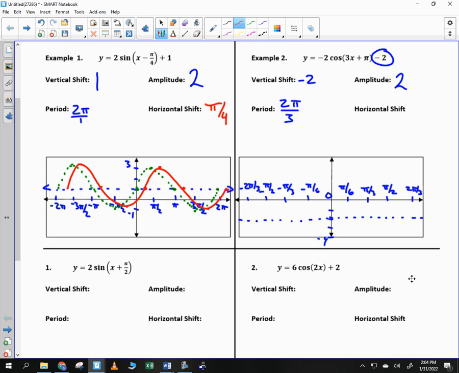So let's make the graph. Cosine starts max, min, or middle? Minimum. There is, but we're making our ghost graph first.